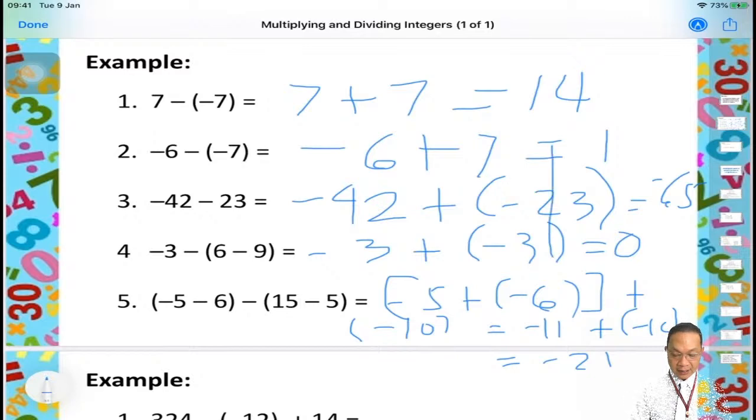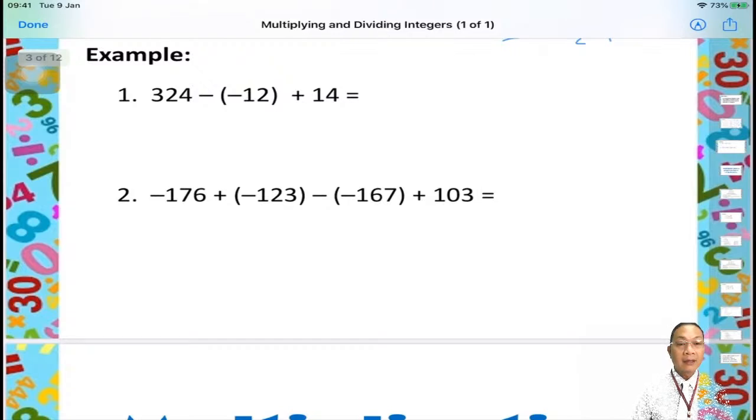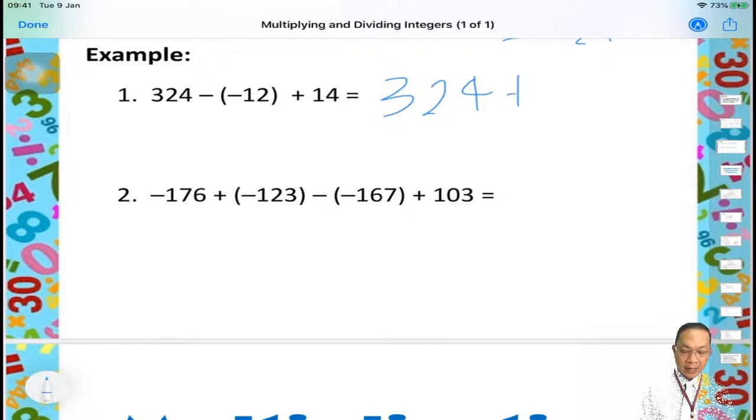Okay, next example. We have 324 minus a negative 12 plus 14. So we have 324 plus 12 plus 14 is equal to 350.